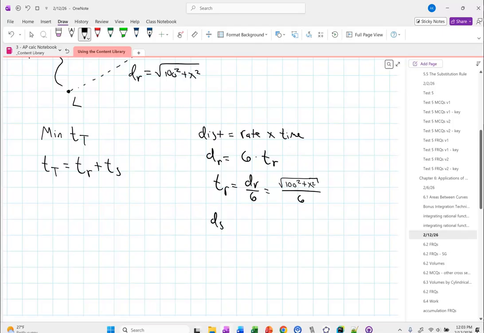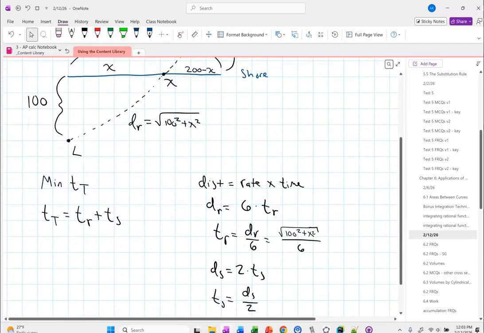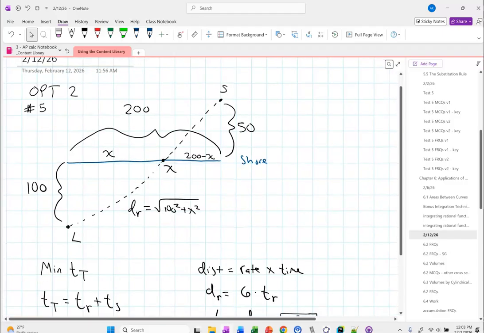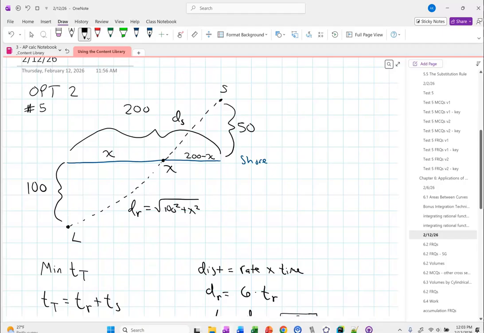Similarly, we can do the same thing for the swim. So if I go back and look at my picture now, this is my distance swimming, this diagonal. I can do the same kind of Pythagorean theorem again to get an expression in terms of x for that distance that we're swimming.